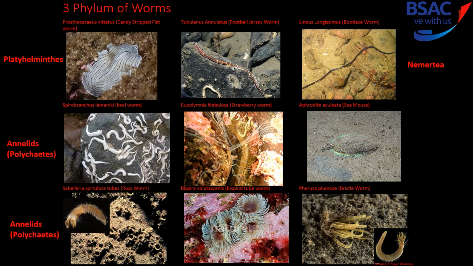3 phyla of worms. Let us have a look at a few examples of the 3 phyla of worms, and I will focus on the polychaetes within the phylum Annelida. Platyhelminthes. There are a few flatworm species in the UK, with the most common type being the candy-striped flatworm.